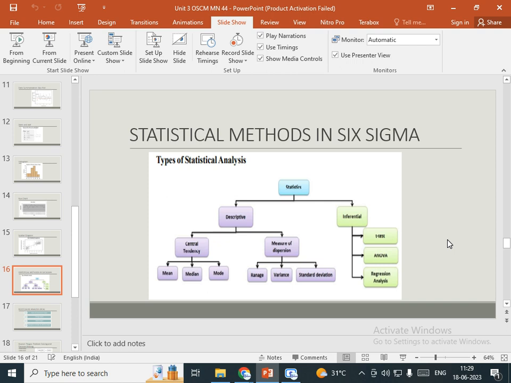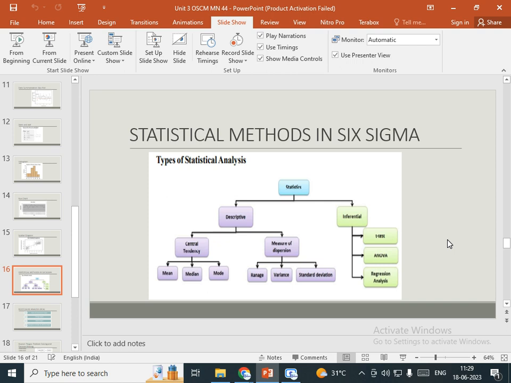It can be split into descriptive statistics and inferential statistics. Again, under descriptive statistics, we have central tendency and measures of dispersion.